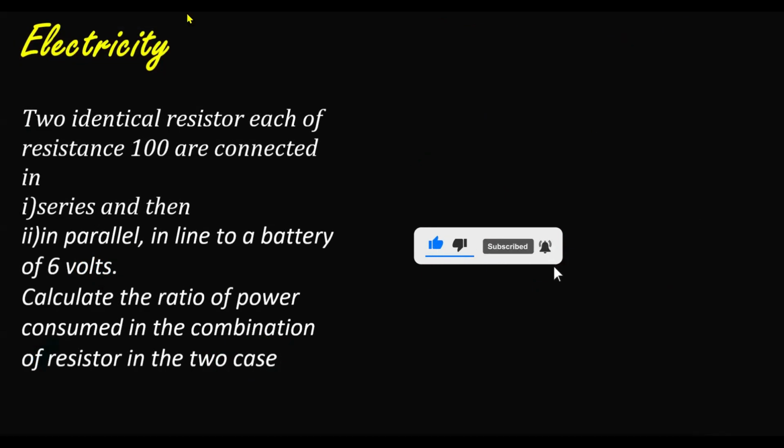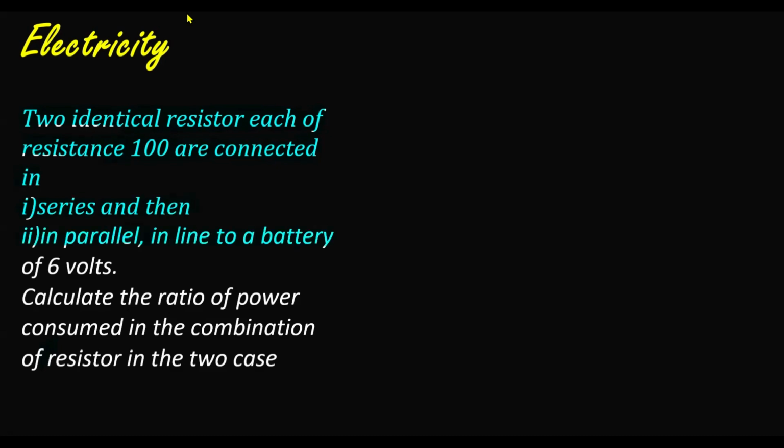In the next question, it says two identical resistors, that means the resistances are same, of resistance 10 ohm, are connected first in series and in the second part in parallel in a line to a battery. That means the voltage supply is same. This is something you have to keep in mind, and the resistances are also same.